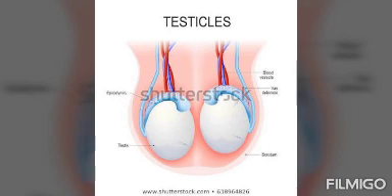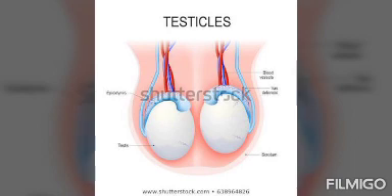The stratified epithelium of the seminiferous tubule is made up of two types of cells: Sertoli cells or nurse cells, and the spermatogonic cells or male germ cells. So the spermatogonic cells of the seminiferous tubule are responsible for producing the sperm or spermatozoa.